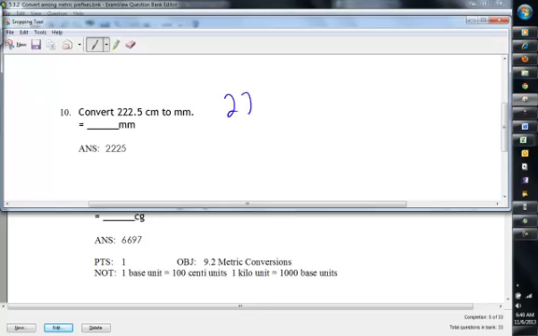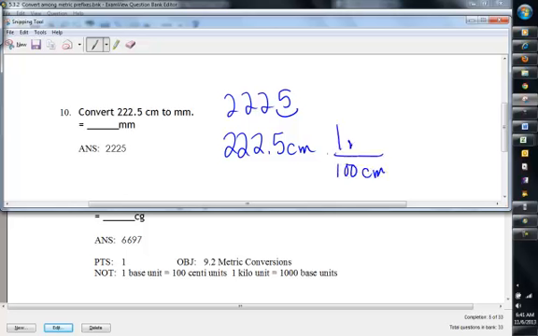So 2, 2, 2, 5, move it 1 place to the right, makes 2225 millimeters. Or we could take 222.5 centimeters times 100 centimeters is 1 meter times 1 meter is 1,000 millimeters.